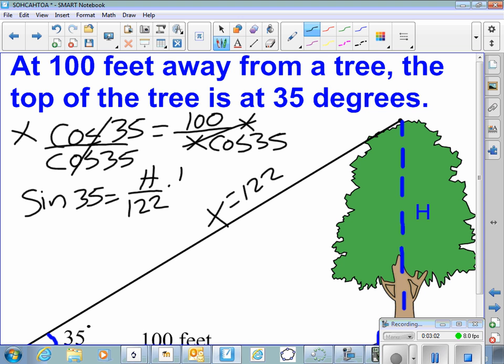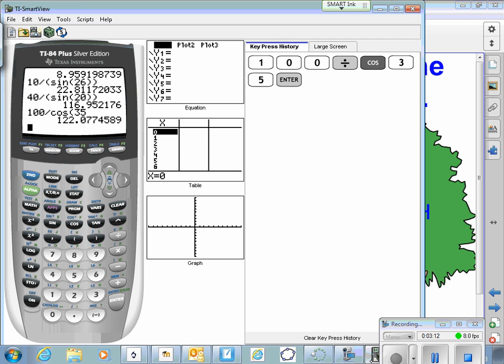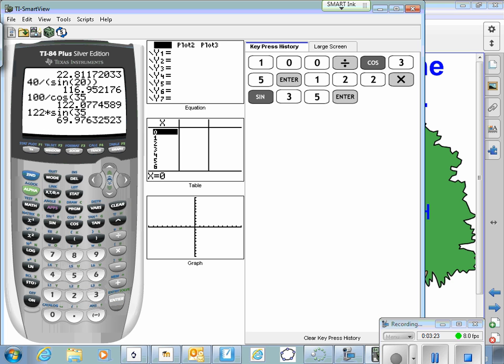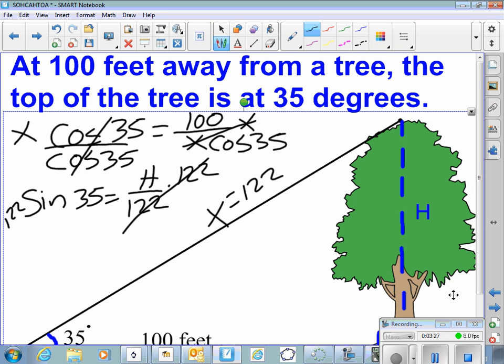So I just have to multiply each side by 122. 122 times the sine of 35. Really close to 70 feet. We're trying to find the height of a tree. 70 is good enough.